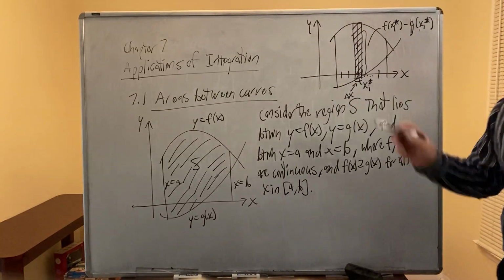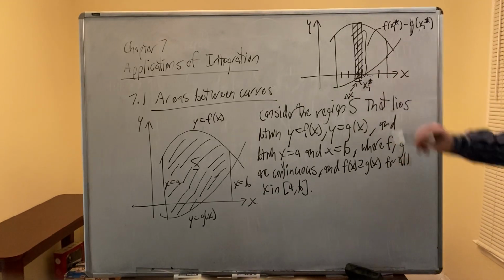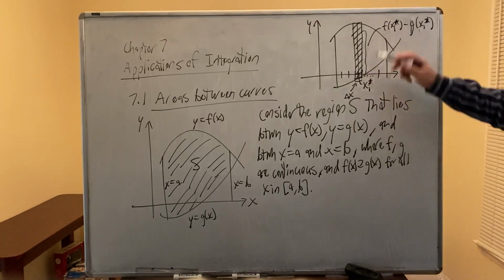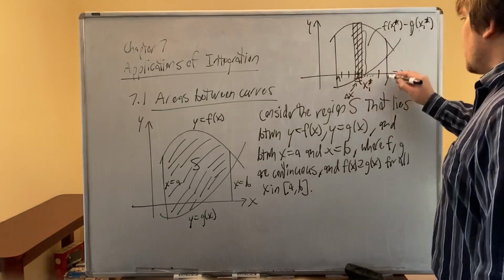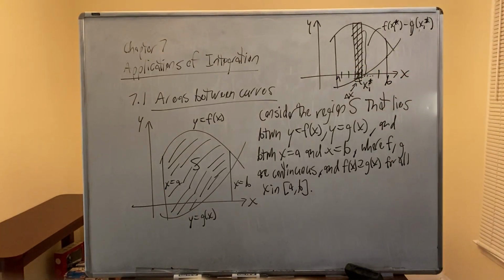Okay? And so you add up the areas of these n approximating rectangles, and you're approximating the area between those curves from x equals a to x equals b. So that's x equals a, that's x equals b.